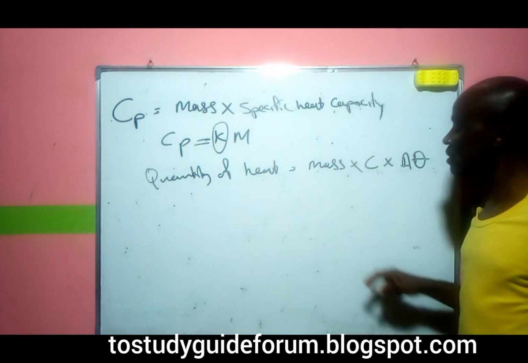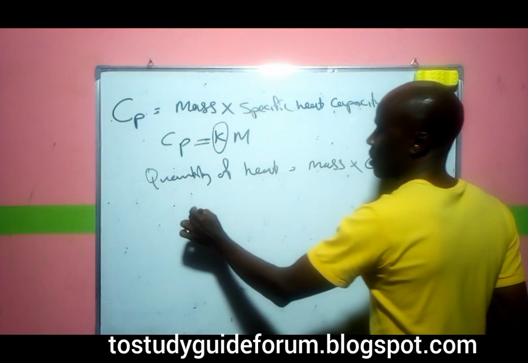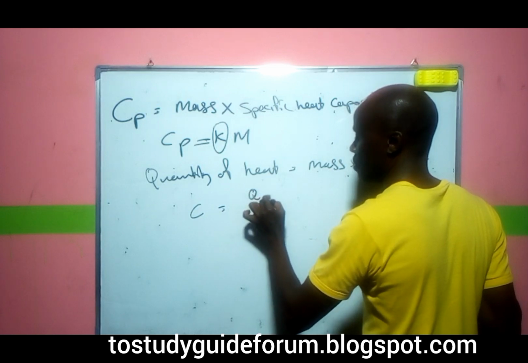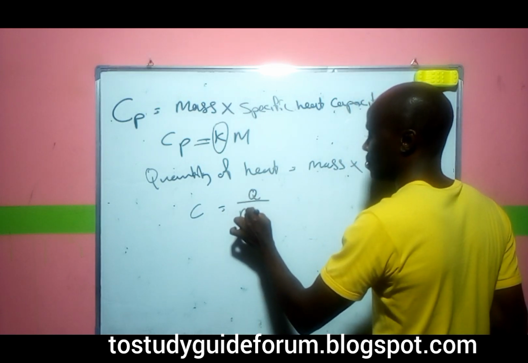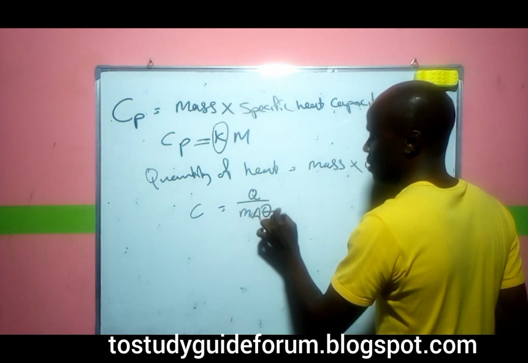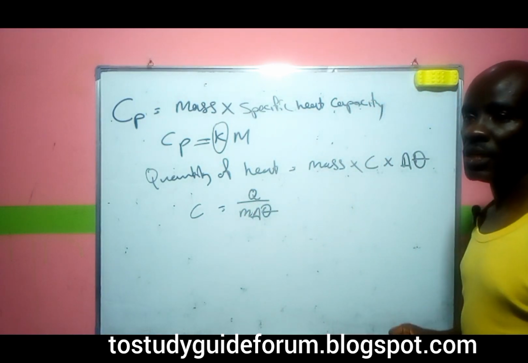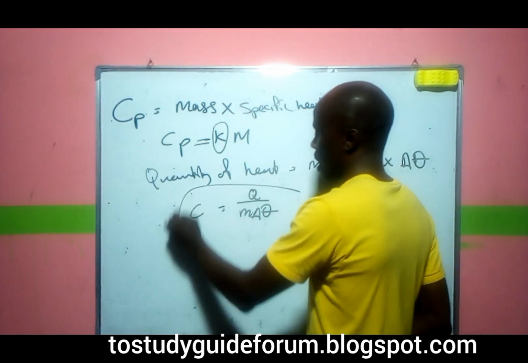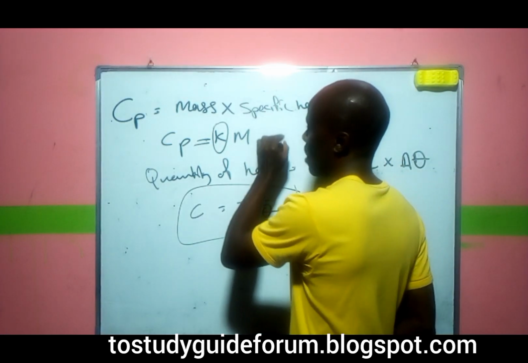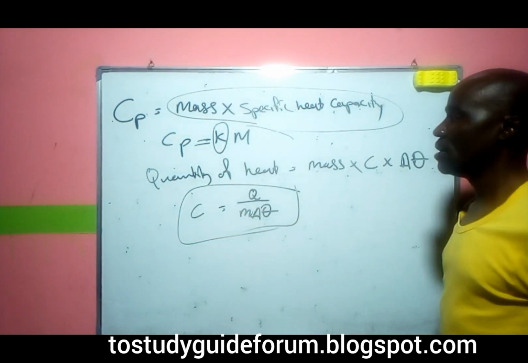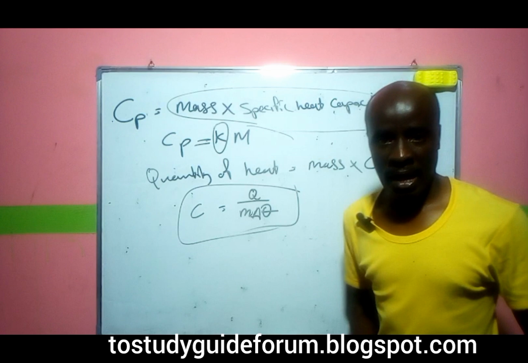To get the specific heat capacity, C will then be the quantity of heat over the mass multiplied by the change in temperature. So with this, we can calculate the specific heat capacity, while with the other one, we can use it to multiply to get our heat capacity.